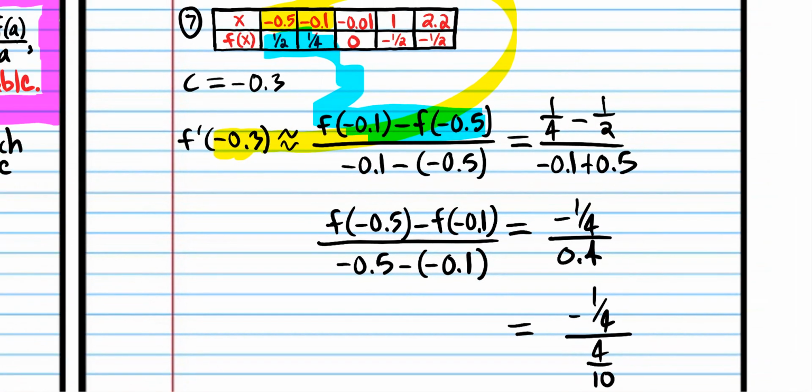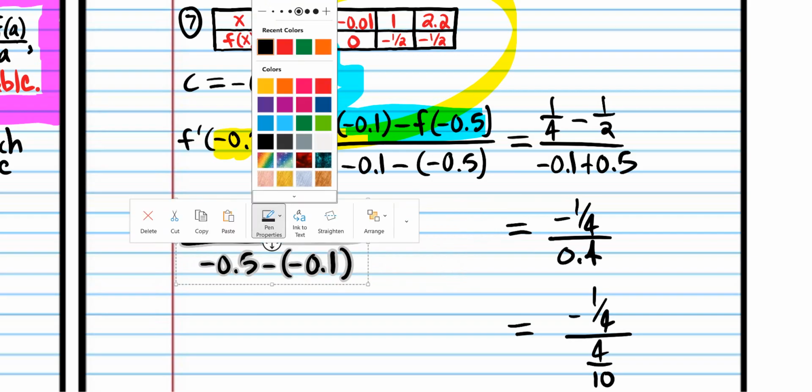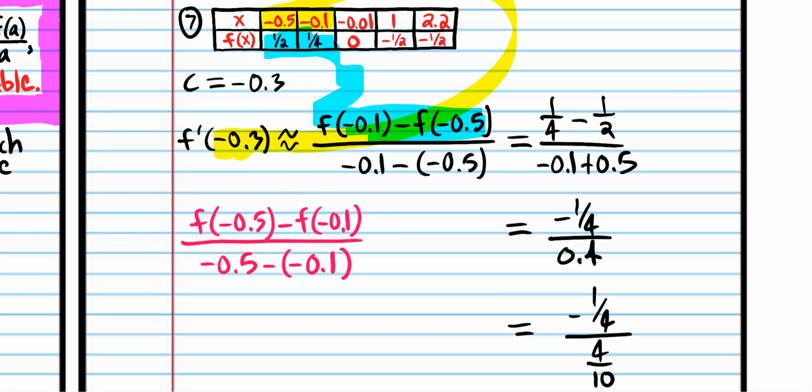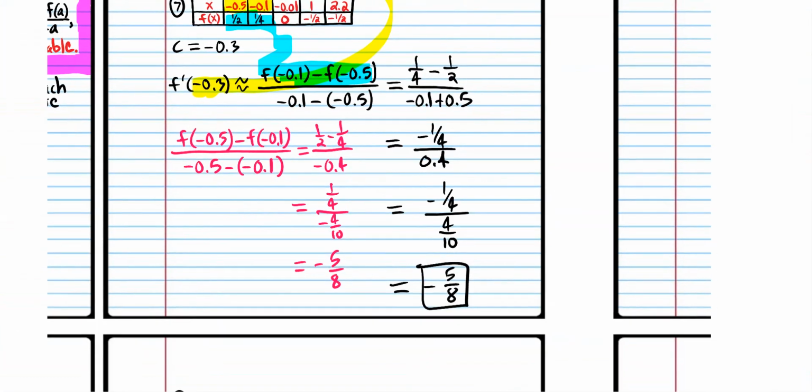So if you did it that way, we're not doing it that way, but then we would get 1/2 minus 1/4 over negative 0.4. That will be 1/4 over negative 4/10. And we would still get negative 5/8. So you can do it that way also.